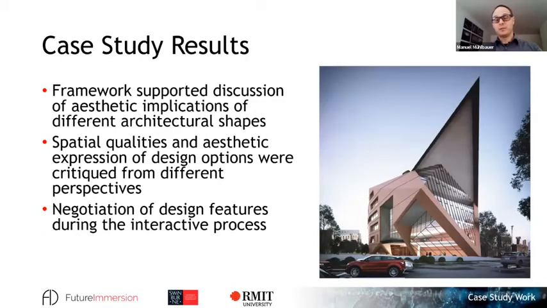The results of the case study are that the framework supported the discussion of aesthetic implications of different architectural shapes, which is very important. Usually, as an architect, I start designing one shape and then, okay, do I like it? What kind of aspects can I learn about the case from it?